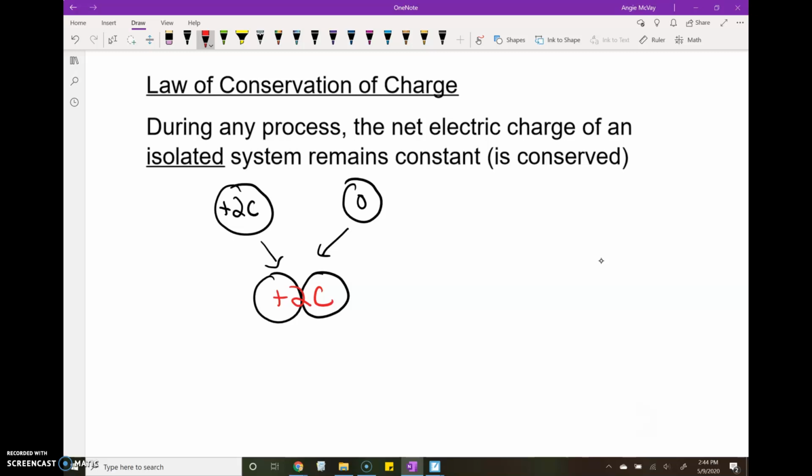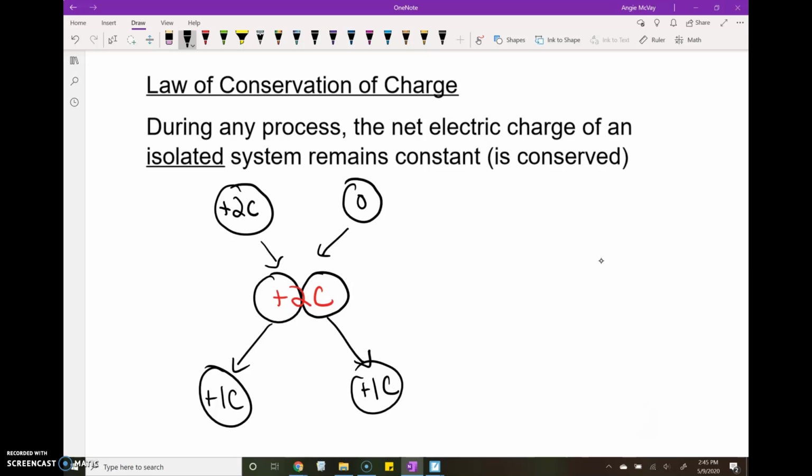Two objects, when they're touching, will want to equalize their charge. And then when those two objects separate again, each separated object will split the charge that they had together. So this will have a positive 1 coulomb charge, and this one would have a positive 1 coulomb charge.